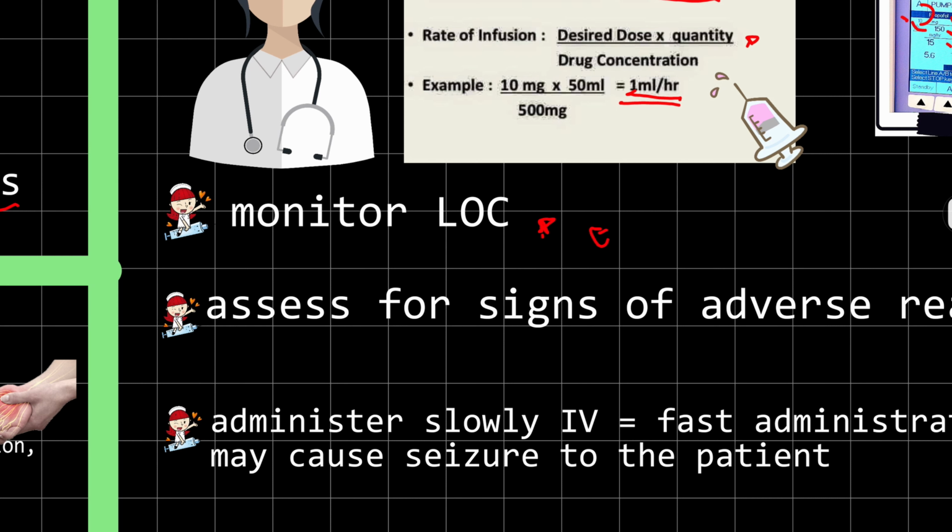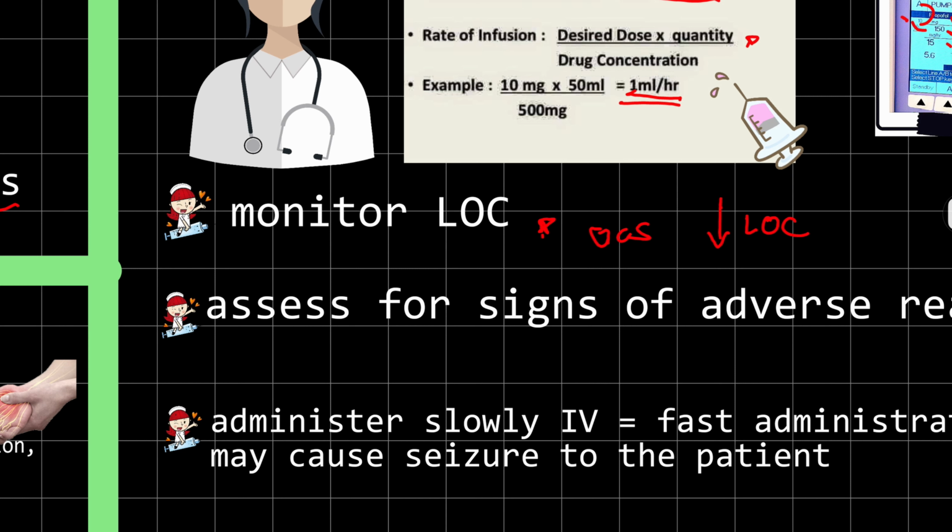In monitoring your level of consciousness and your Glasgow Coma Scale, you have to base it on your baseline GCS and LOC. Any changes from your baseline will tell you if the patient has a deteriorating level of consciousness, or if it is actually getting better.